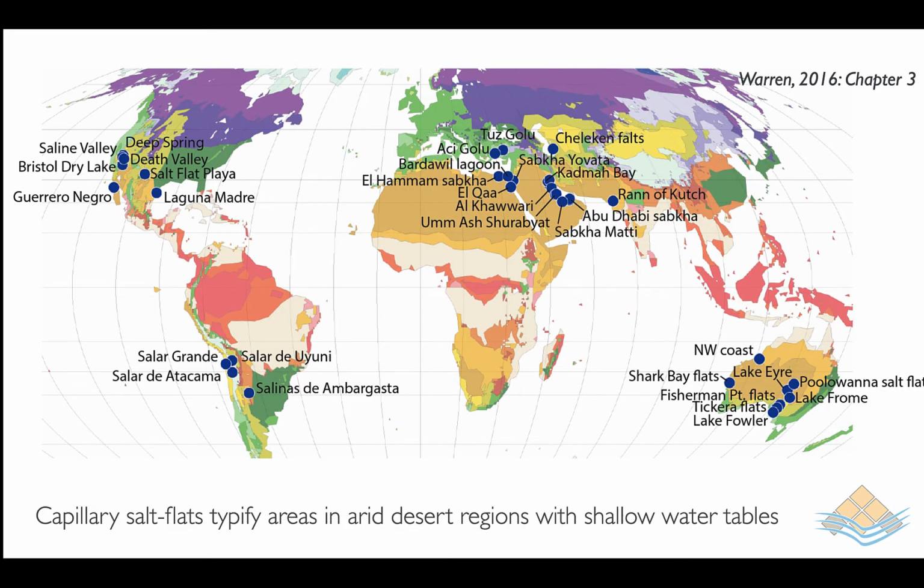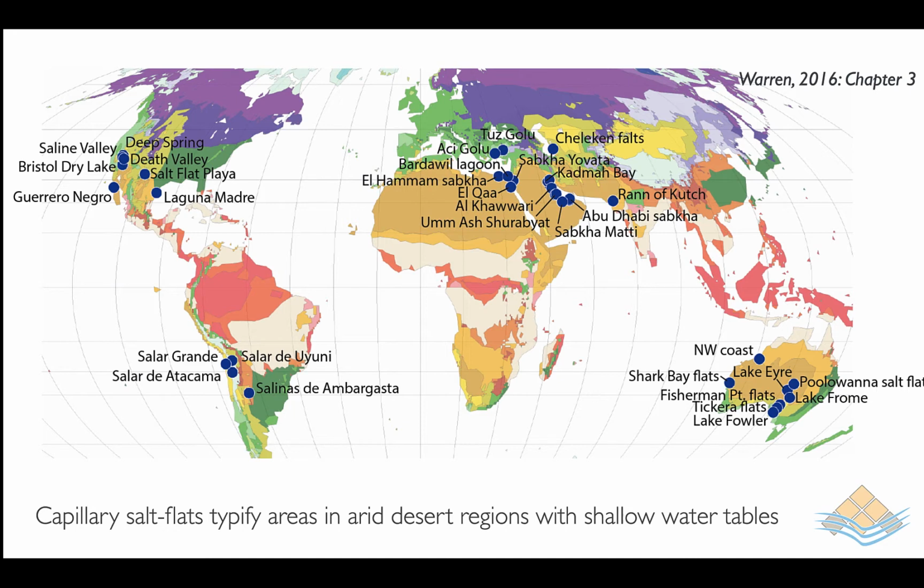So let's talk about it in terms of capillary salt flats, and we'll just have a look at a few now to get some indication of the commonalities that we see related to salt flat or Sabkha sedimentation in both marine margin and continental associations. So this is showing us the distribution of some of the various saline salt flats or Sabkha successions in the Holocene from around the world.